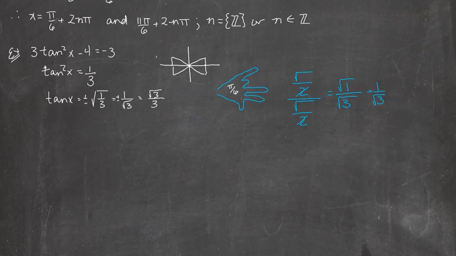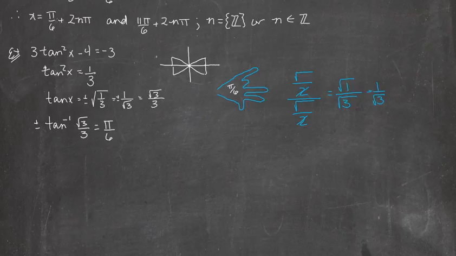So we're looking for the inverse tan of root 3 over 3 equals, and we want the positive and the negative values. And so we know that the inverse tan of root 3 over 3 is pi over 6, okay?